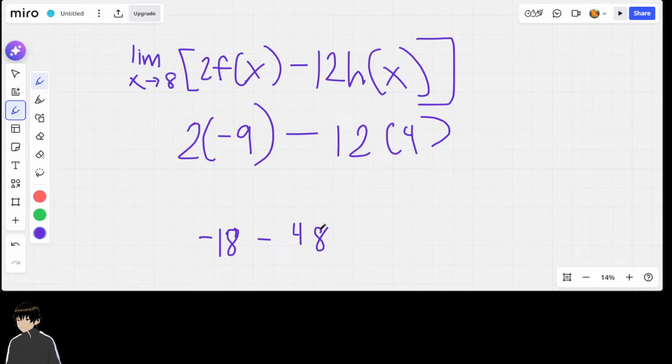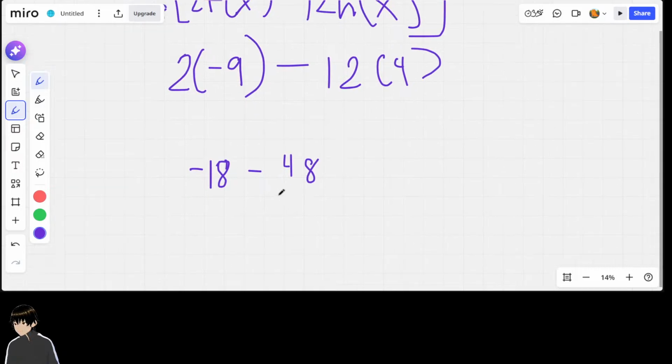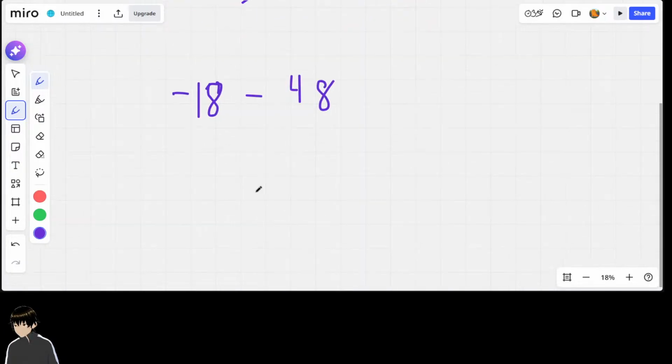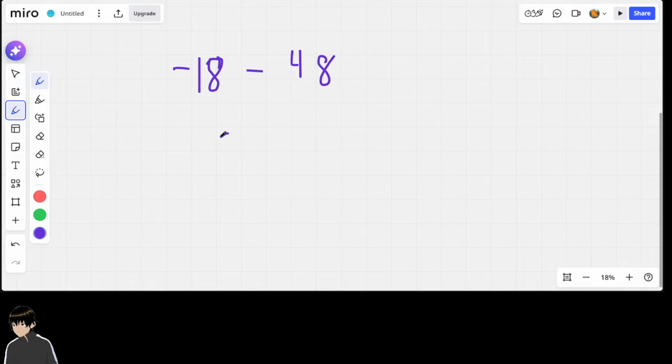Let's see if that holds any merit. So that is about, it's going to be 62.